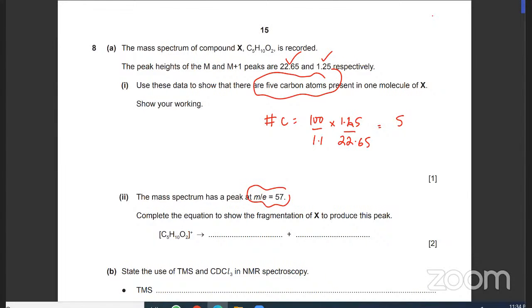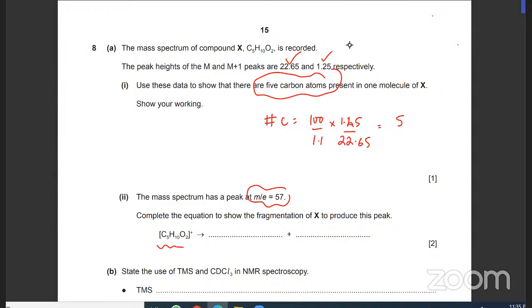Just 1 second. So 57. What is the total mass of this thing? It's C5H10O2.